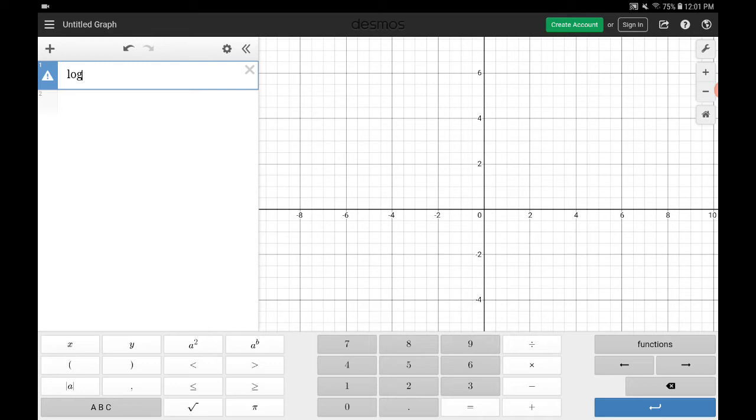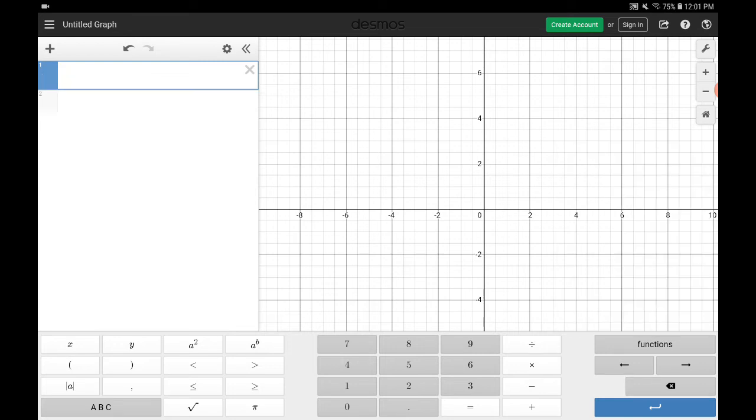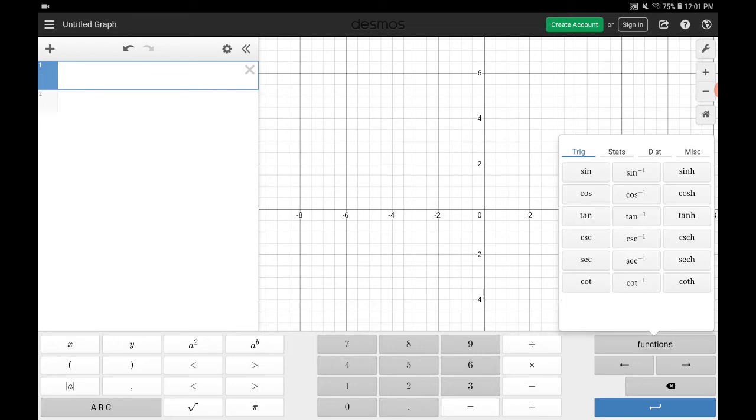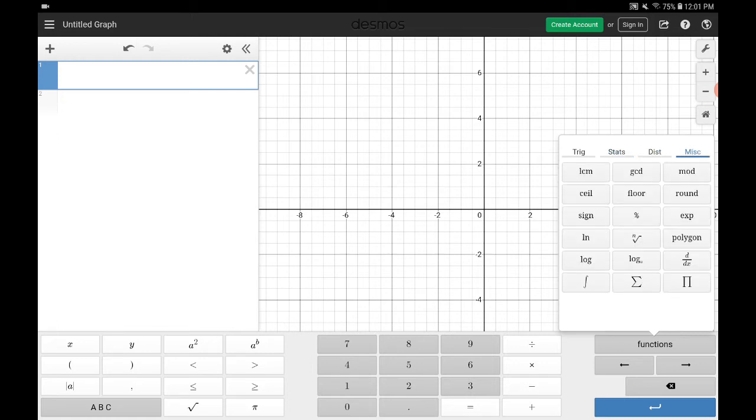All right. And then we're going to just look at the functions here. Probably should have done that first. I had TI on my head. All right, so let's see. Let's find logs here. Under miscellaneous, probably.